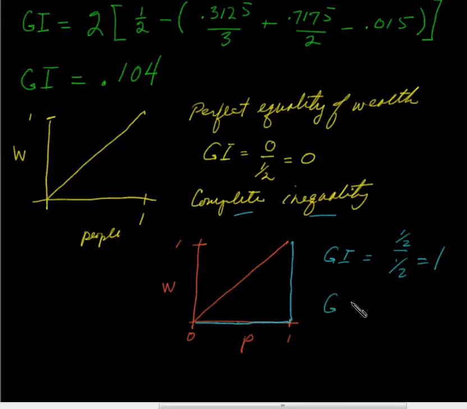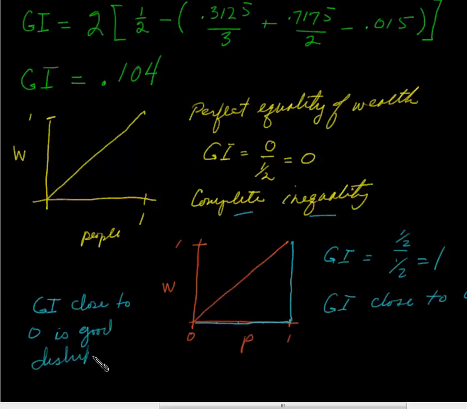So a Gini index close to 0 is a good distribution of wealth.